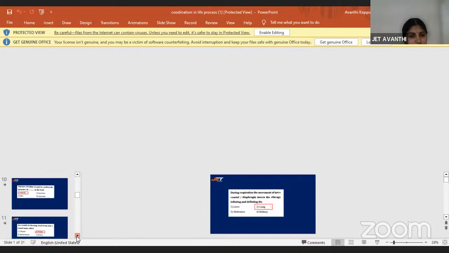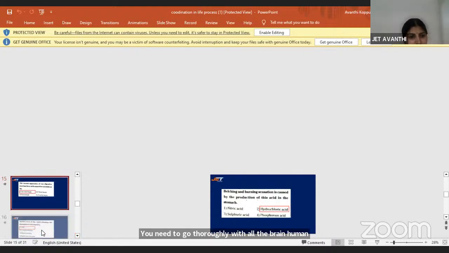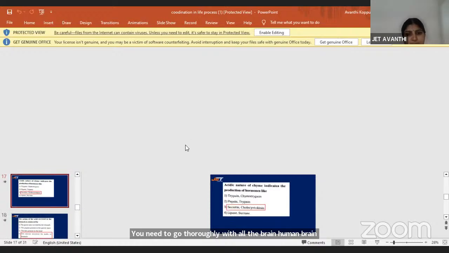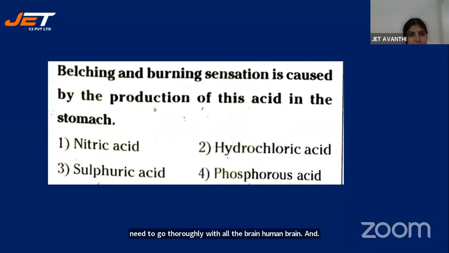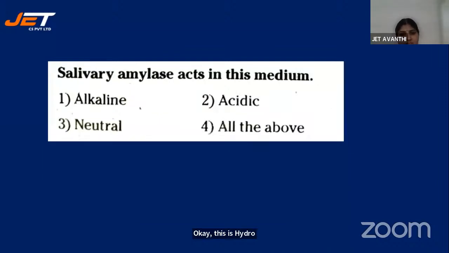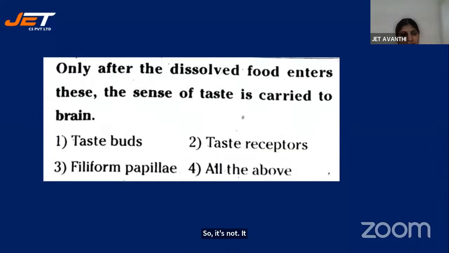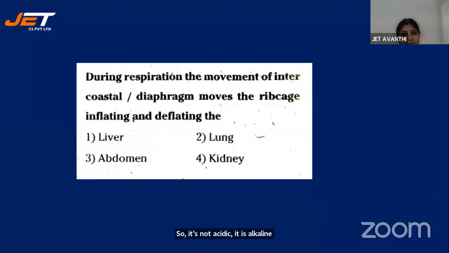So, children, here you need to go thoroughly with the human brain. This is hydrochloric acid, children. The next one, salivary amylase: it is not acidic, it is alkaline. One minute, children.